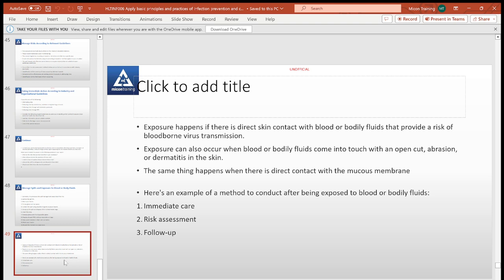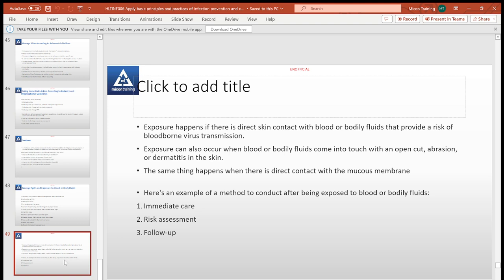And the same happens when there is direct contact with mucous membrane. So even when you are helping a client with their ADLs, please always think of this, because these are the times that we can easily come into contact with bodily fluid or even blood.